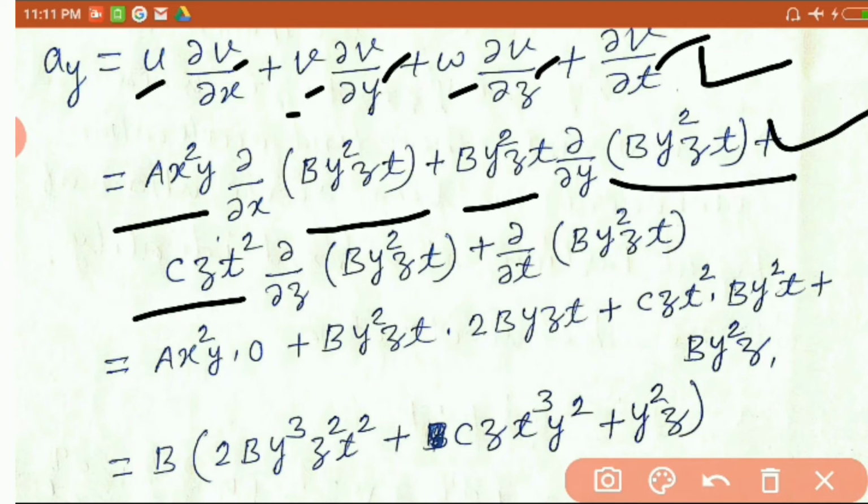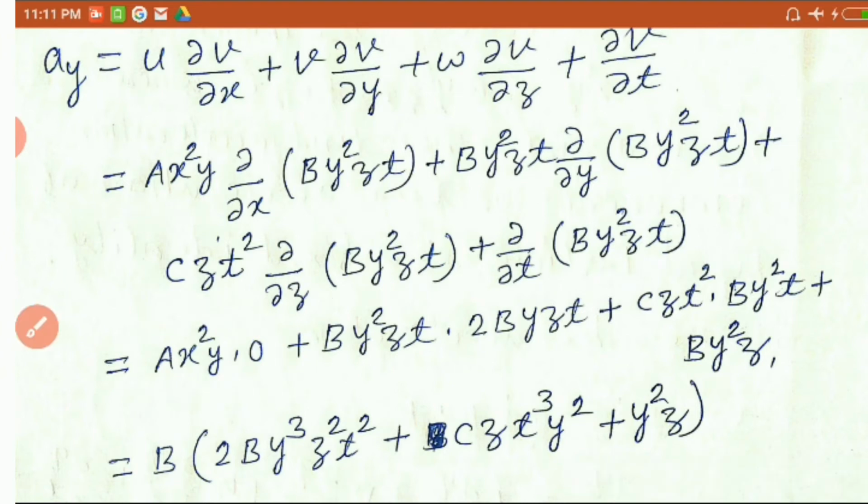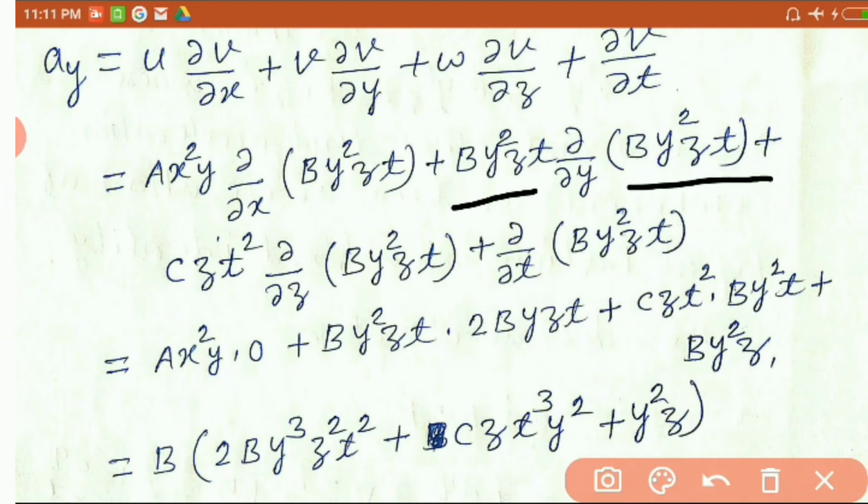Dou by dou z of v is b y square t, plus derivative of this v with respect to t, that is dou by dou t of b y square z t. So a x square y as it is. Derivative of this b y square z t with respect to x is 0. So this term will be 0. b y square z t as it is. Derivative of this b y square z t with respect to t is b y square z.